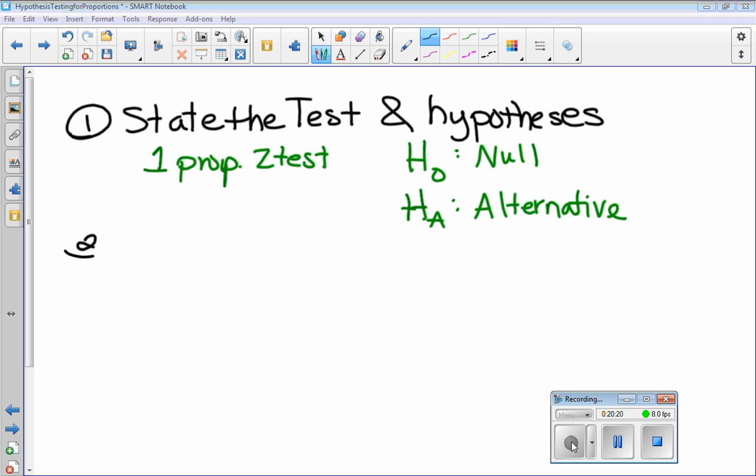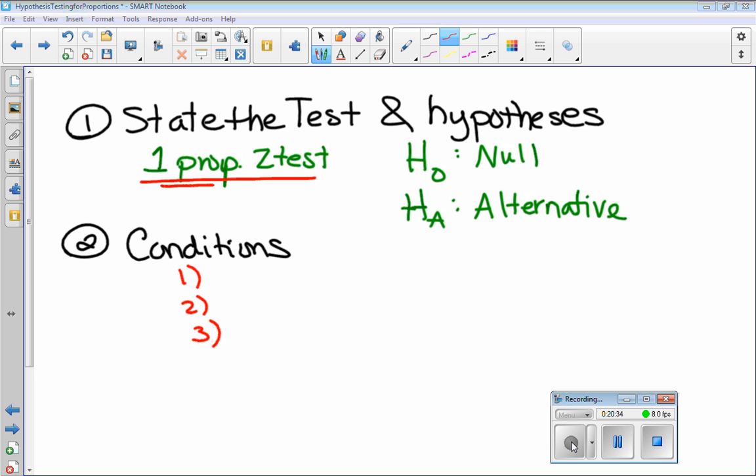Okay? The second step of the hypothesis testing, what was it? Conditions. And we know for proportions right now what the conditions should be. There are 3 of them for the 1 proportion z-test. They're the same as the 1 proportion z-interval that we did with the confidence interval.